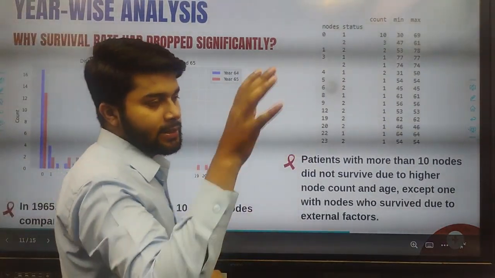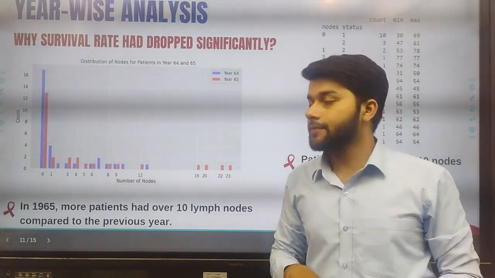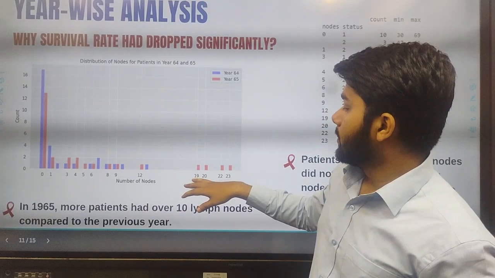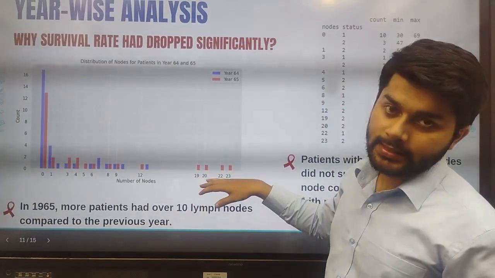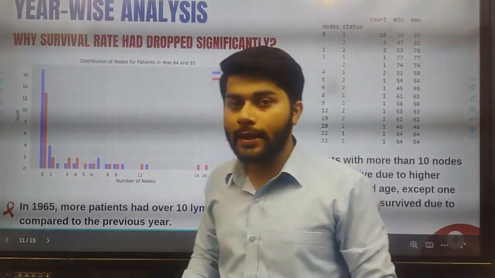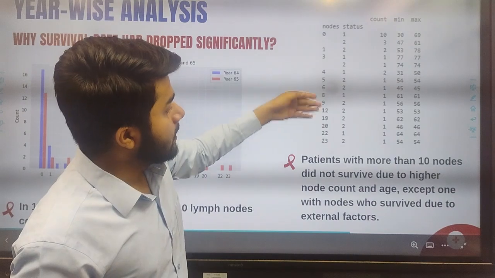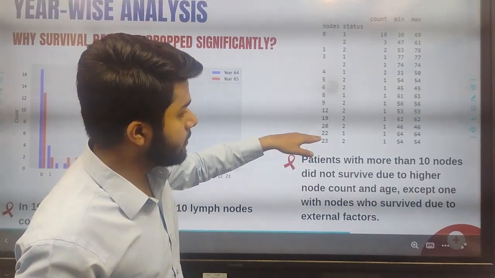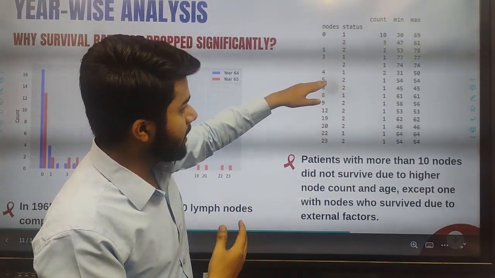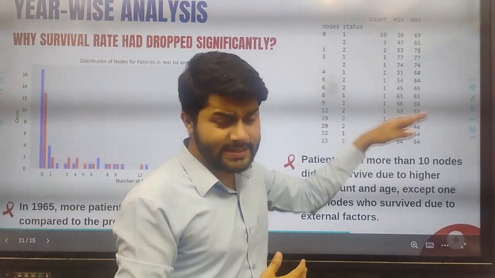A similar trend or behavior we can see for the year 1965 also. Like you can see in 1965, some of the patients that came had higher lymph nodes: 19, 20, 22 and 23. And the same we can consider here, that except for 22, most of the patients had not survived, and their ages are also higher.